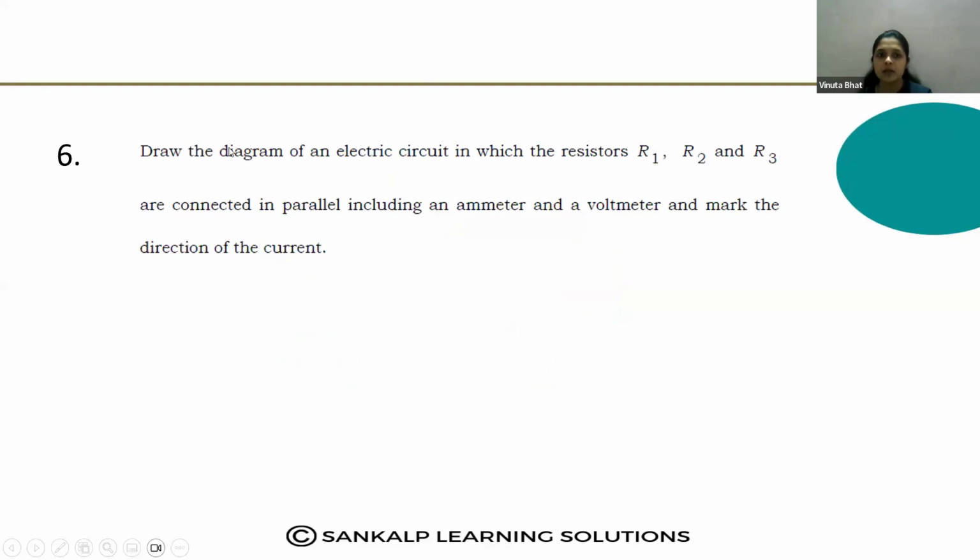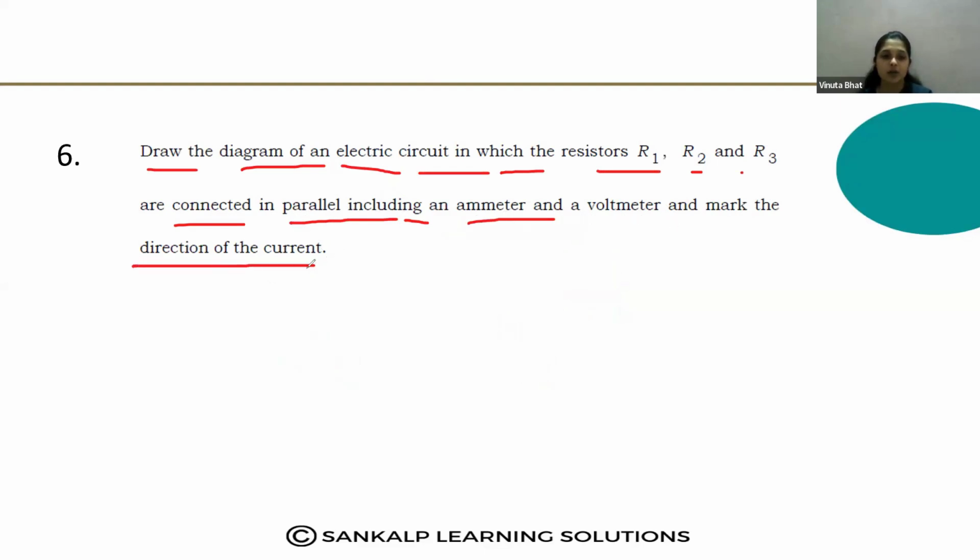Draw the diagram of an electric circuit in which resistors R1, R2, R3 are connected in parallel, including an ammeter and a voltmeter, and mark the direction of the current.